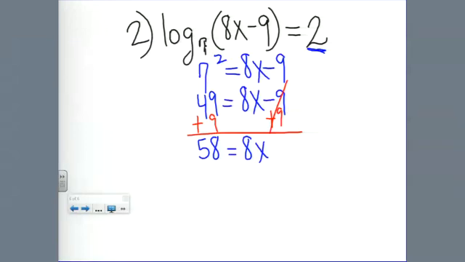And the next to the last step, divide both sides by 8, and reduce your fraction to lowest terms by dividing both numbers by 2. So our final answer is 29 over 4.